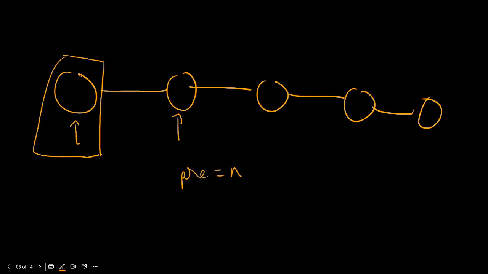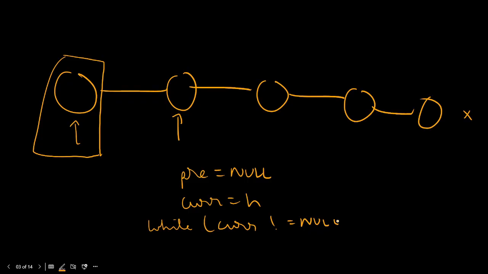I'm going to start with pre equal to null, and cur is equal to head. We have to end when cur reaches the end of the list, which is null, so while cur not equal to null, what I have to do is pre is equal to cur, cur is equal to cur's next, and then I have to free pre.